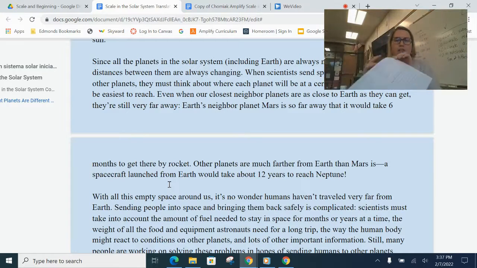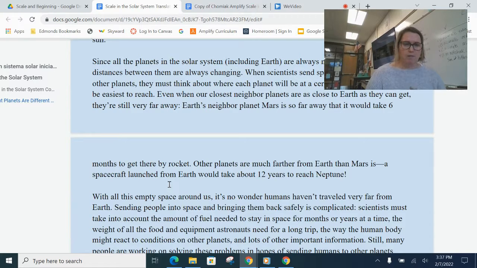Distances are always changing. When scientists send spacecraft out to explore other planets, they must think about where each planet will be at a certain time and when it will be easiest to reach. Even when our closest neighbor planets are as close to Earth as they can get, they're still very far away. Earth's neighbor planet Mars is so far away that it takes 6 months to get there by rocket. Other planets are much farther from Earth than Mars is.